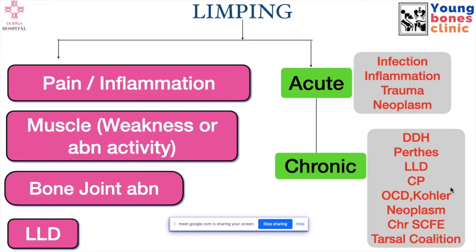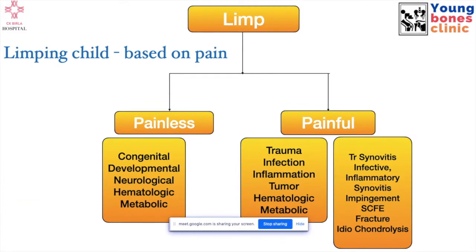So the history itself will give you a lot of clues to the diagnosis, what can be a possible diagnosis. Then again, whether the limp is painful or painless is a very important factor in history, which rules out many causes of limp. Most common painless causes are mostly congenital, developmental, neurological, hematological and metabolic.